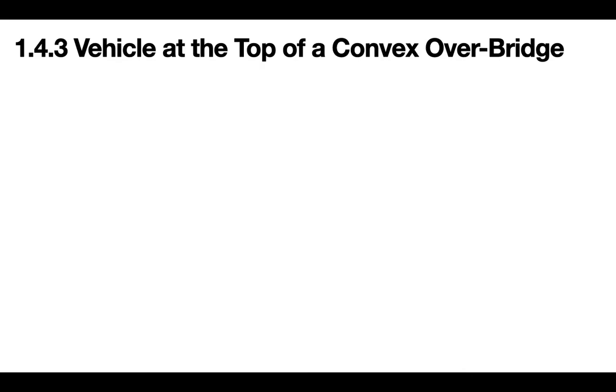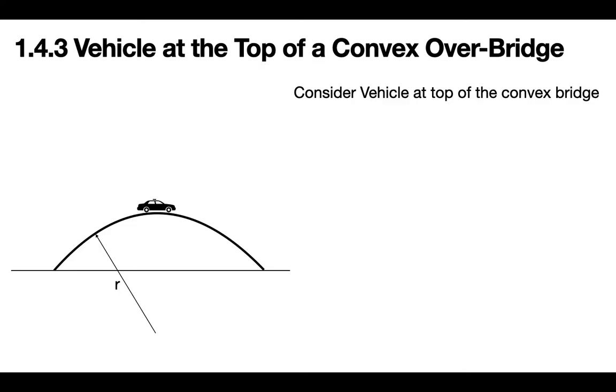Now, one more application, we can analyze vehicles at the top of a convex overbridge. So consider a vehicle at the top of a convex overbridge. This is a convex overbridge and you can consider it having radius r. There are two forces acting on the vehicle.